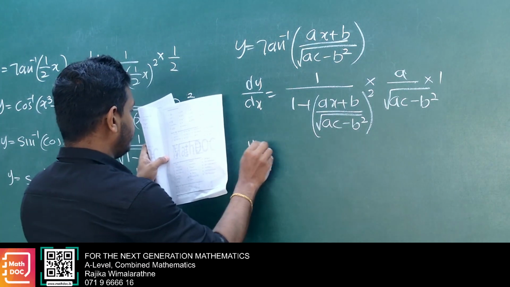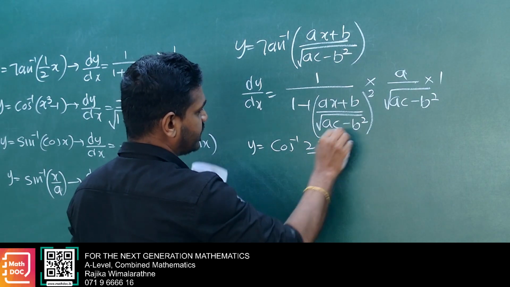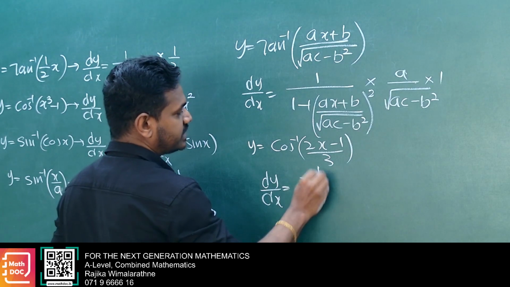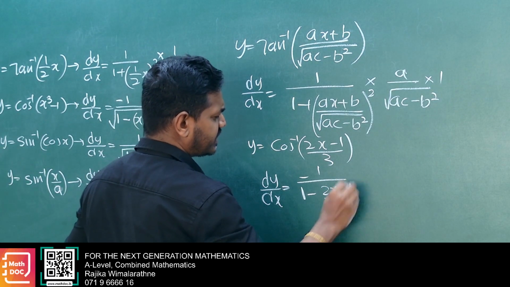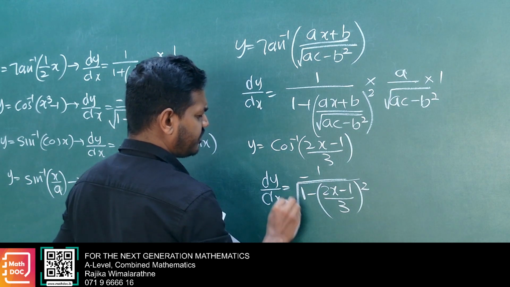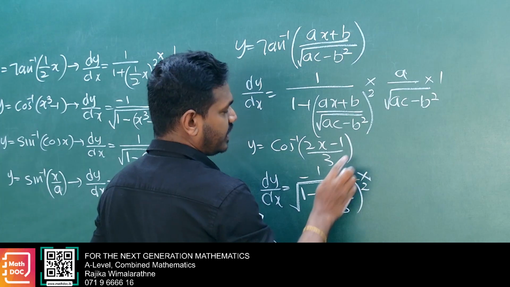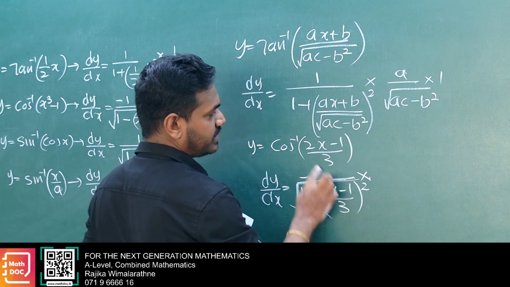Then y equal cos inverse of (2x minus 1 over 3): dy by dx, the cos inverse derivative, is minus 1 over root of 1 minus (2x minus 1 over 3) squared, times the derivative of this. Here we have the constant 2 over 3 with x, and the other part completely separated.